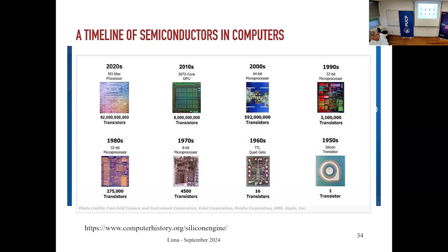You see, from one decade to the other, the number of transistors increases by something like 20, 50 times, depending on the computer and the processor, but the growth at each decade is really impressive. It's really exponential growth, and it's according to Moore's law.